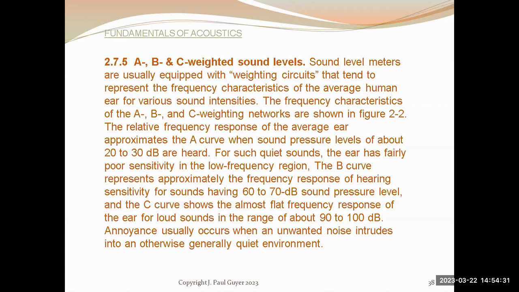So you set the sampling rate using the fast slow knob, and generally speaking, for building design purposes, you're going to set the fast slow setting on the slow setting, and on the slow setting, the sound level meter samples the sound about once every second.